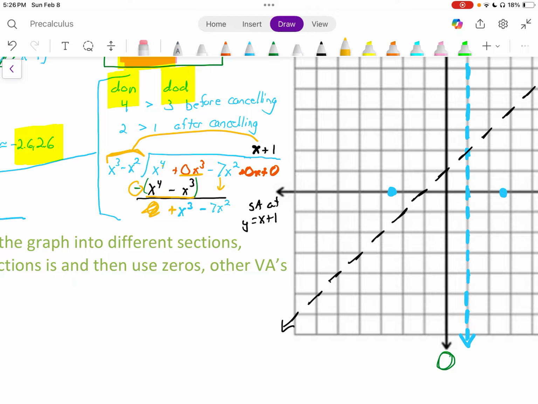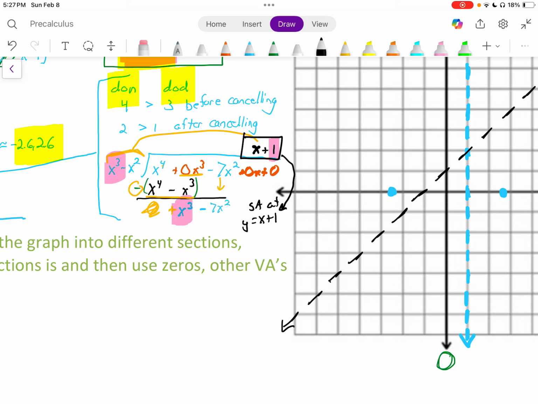Bring down the negative 7x squared. Then we think, let's go to pink, we think x cubed times what gives me x cubed, and that's 1. So we have this 1 here, and technically we could keep going, but we can stop here because our slant asymptote will be y equals x plus 1 as I have written here.